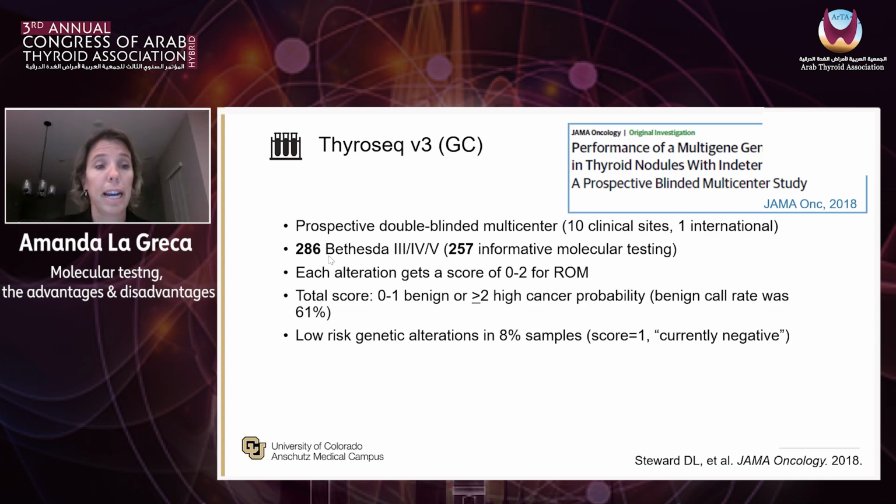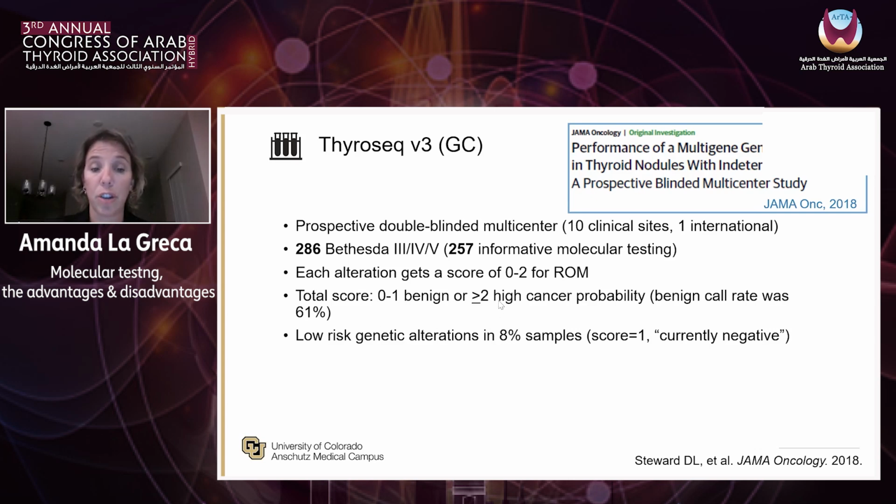It was 286 Bethesda 3, 4, and 5 nodules, with a total of 257 informative molecular tests. Each genetic alteration gets a score of 0 to 2 for the rate of malignancy. A score of 0 to 1 is called benign, and 2 or more is called high cancer probability. And the benign call rate was about 61%.